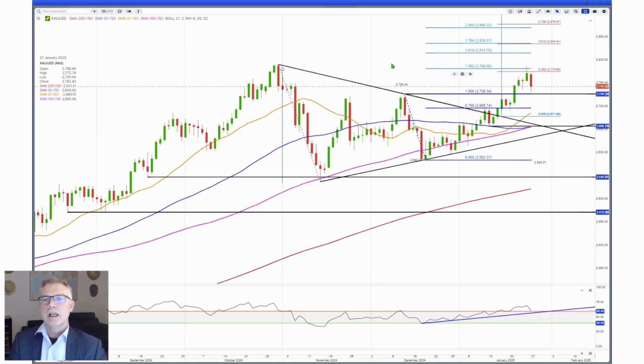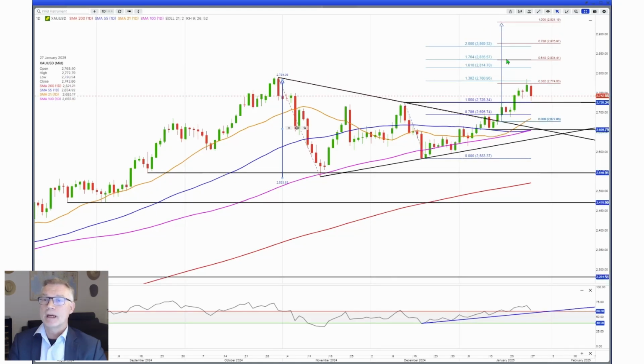And we could also measure from the top to the bottom of this triangle-like pattern here, and I've used this vertical arrow there and added it to the breakout price. That's the rule of thumb that it could move to, but usually it doesn't go that far.